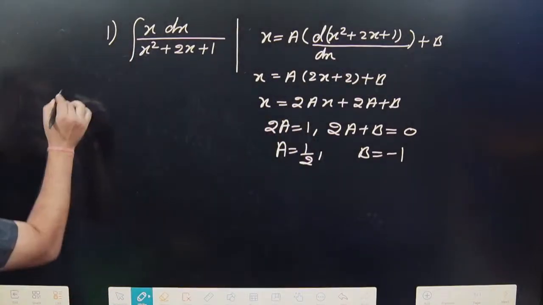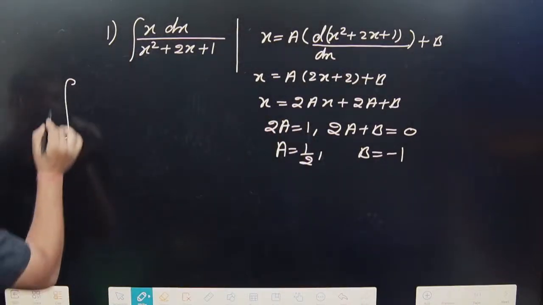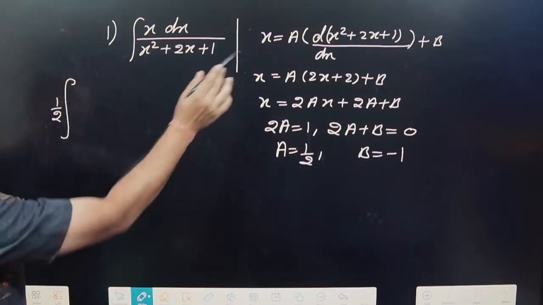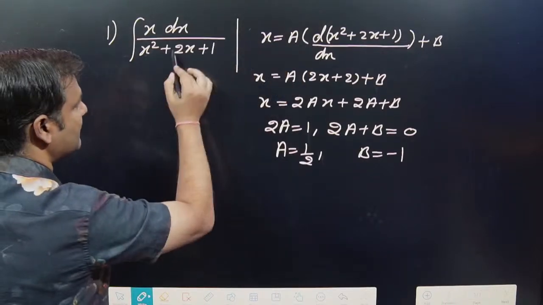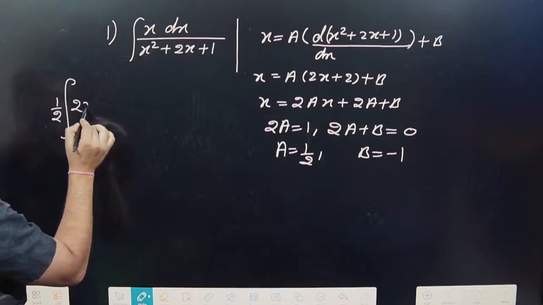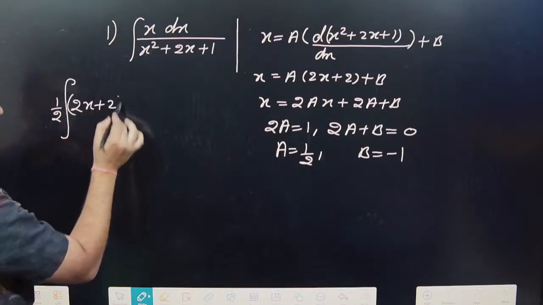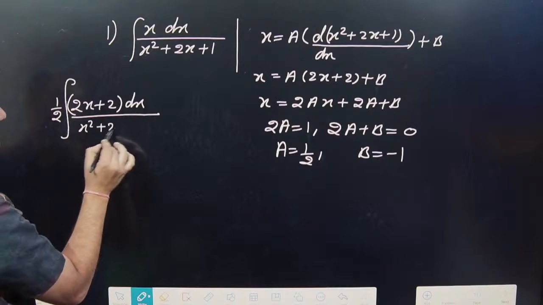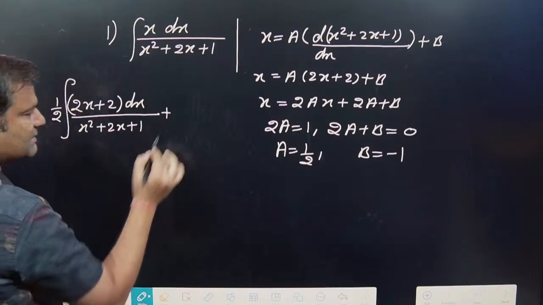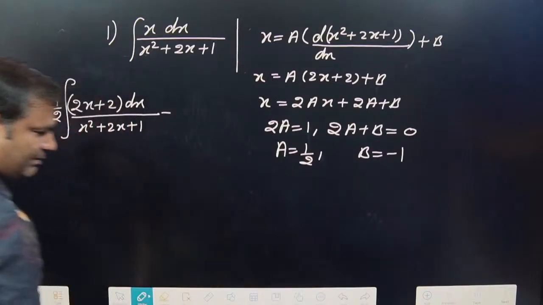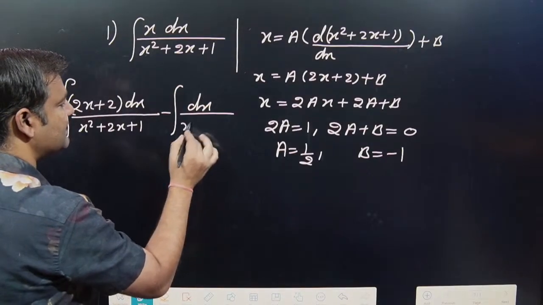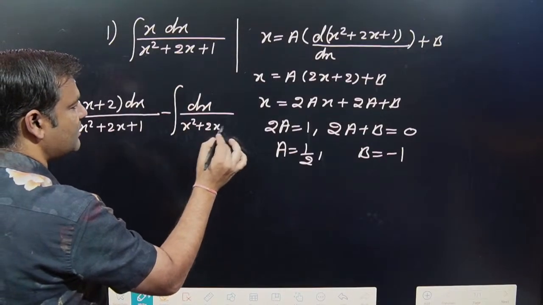Very carefully now: 1 by 2, where a is 1 by 2, into the differentiation of the denominator, that is (2x plus 2) dx divided by the denominator x square plus 2x plus 1, plus b, where b is minus 1, so minus 1 into dx divided by x square plus 2x plus 1.